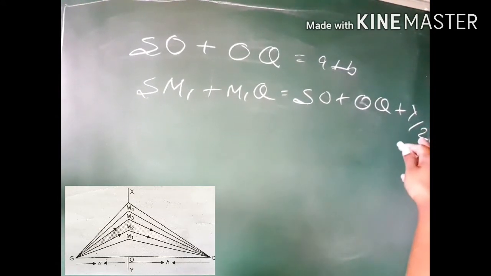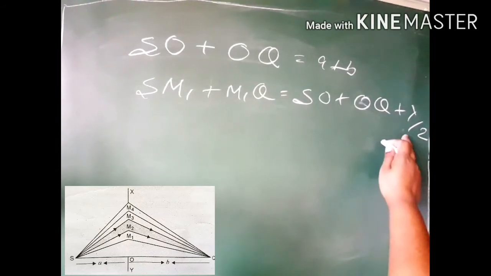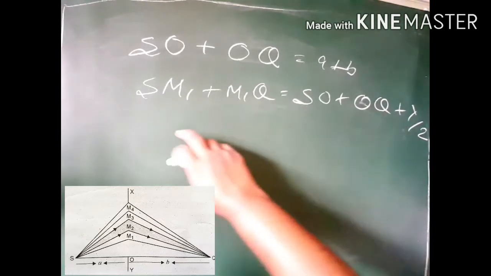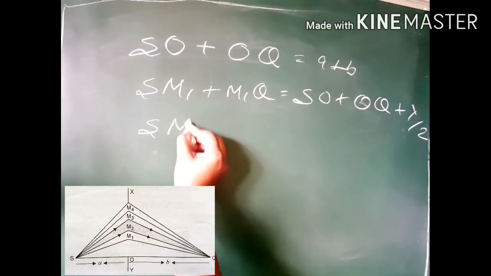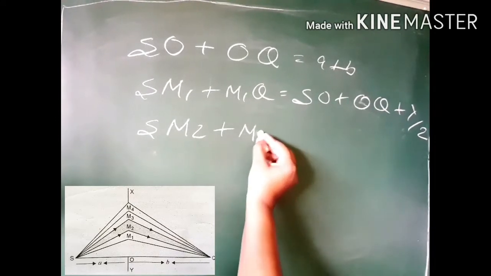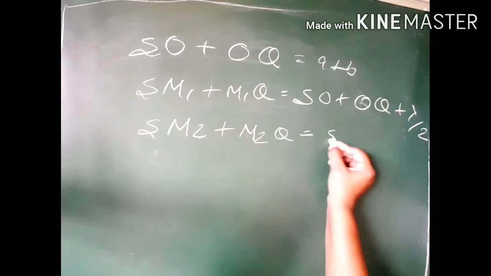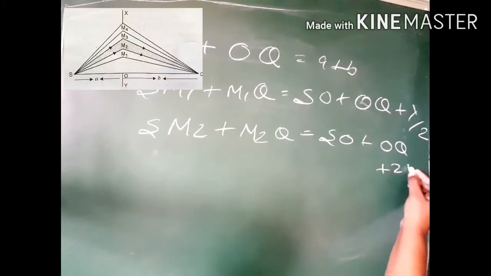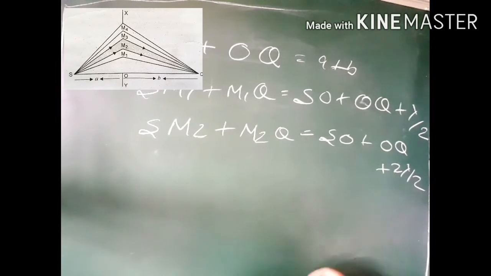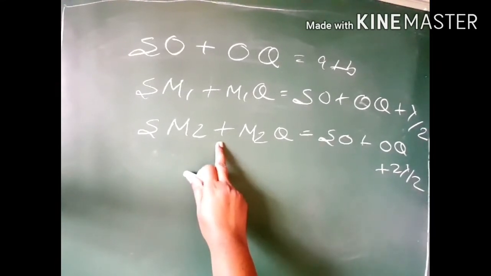Lambda by 2 is because the alternate zone creates a path difference of lambda by 2. Then SM2 plus M2Q is equal to SO plus OQ plus 2 lambda by 2, because this is the ray from the second half-period zone.